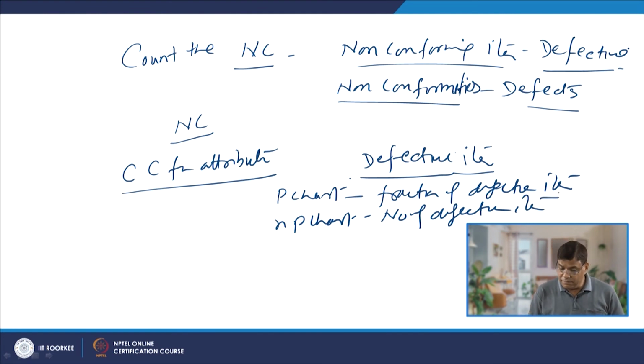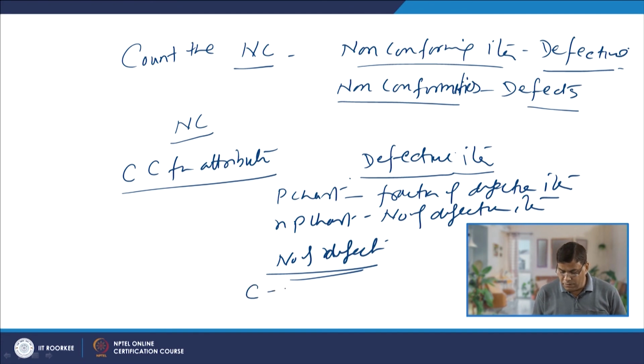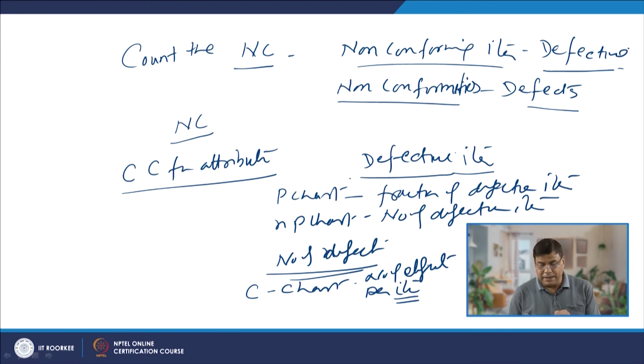On the other hand, when we count the number of defects in the items selected from a lot, then the control charts are developed considering the number of defects. There are two types of control charts. One is the C chart, wherein the number of defects per item or per unit is identified, that is, in a given unit how many defects are there, when the sample size is fixed.